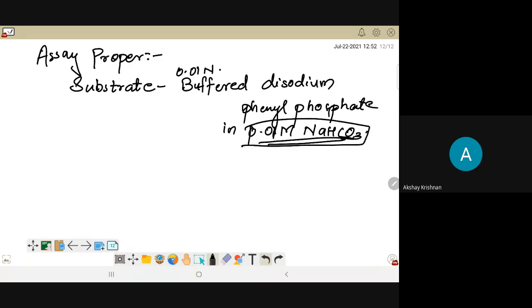Because I told you earlier, a little while ago during the query, that NaHCO3 can stop the interaction, but the concentration here is 0.01 molar, which is very, very dilute. Okay, so it is not going to cause any harm. So instead of making it in distilled water, you're going to make it in 0.01 molar NaHCO3 to solubilize this particular salt. Okay, your enzyme is going to be the supernatant of the centrifuged growth medium.